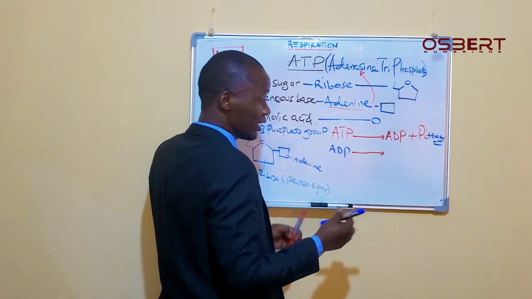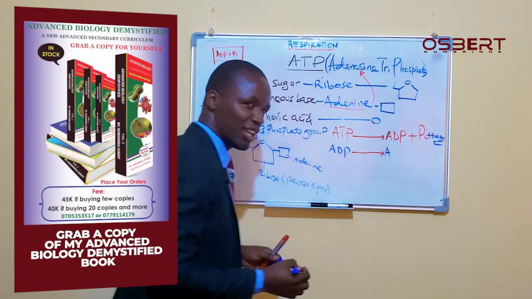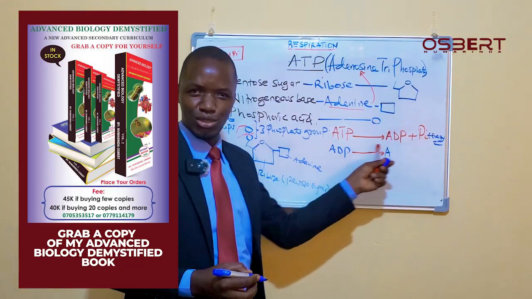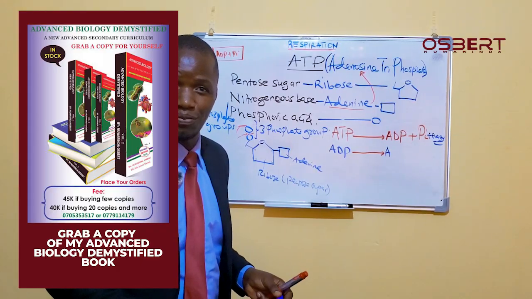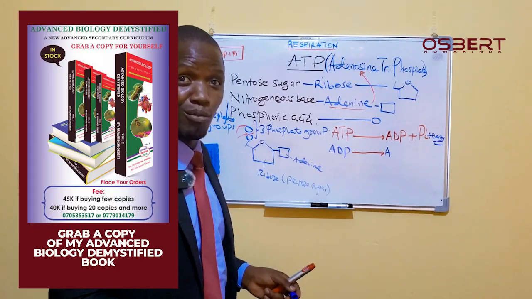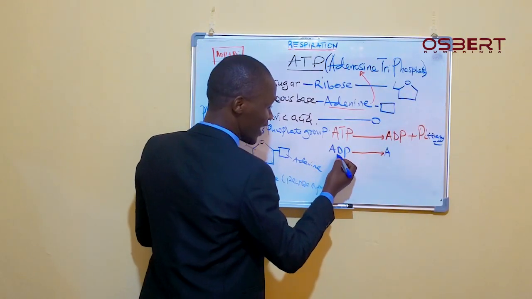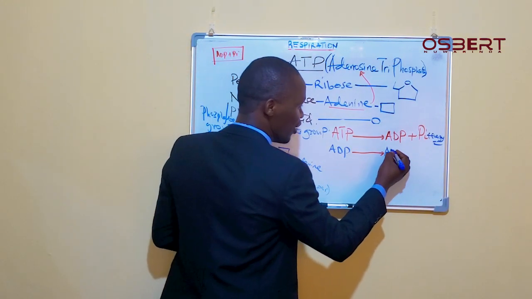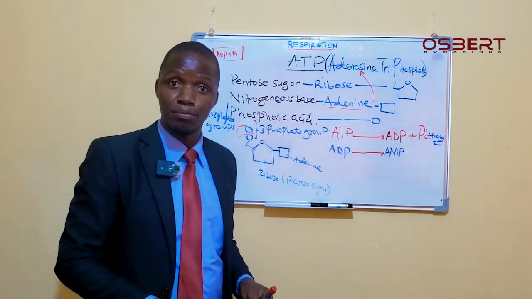We shall be forming adenosine what? This was tri, this was di. So from tri you come to di, from di you come to what? If you are going downwards, mono. If you have said mono, thank you very much. So adenosine diphosphate is now going to break down to form adenosine monophosphate. That is AMP.